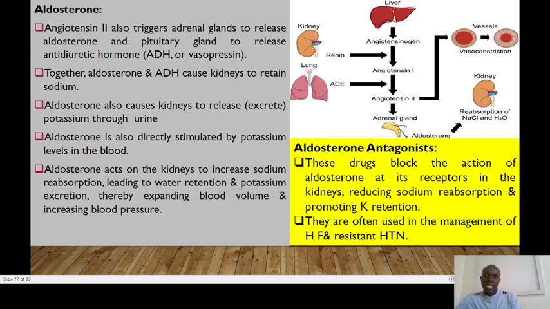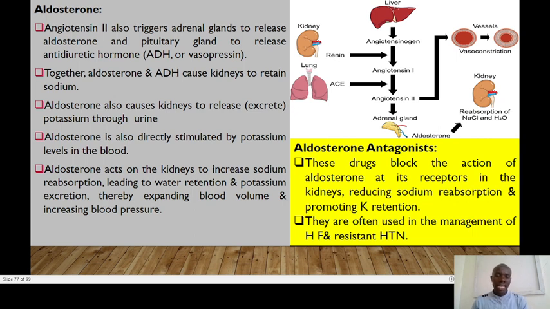So when it comes to aldosterone antagonists, these are drugs that block the action of aldosterone at its receptors in the kidney. Therefore, they reduce sodium reabsorption and do the opposite, promoting potassium retention.